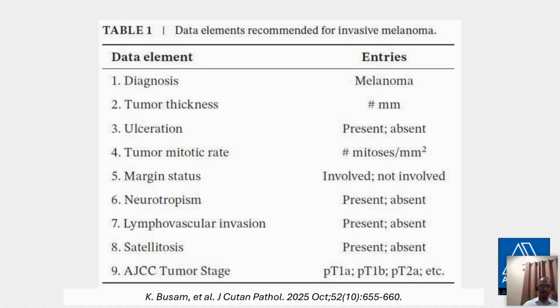The diagnosis, and that diagnosis should be put clearly that it's invasive melanoma. Things like tumor thickness, ulceration, tumor mitotic activity per square millimeter, neurotropism, lymphovascular invasion, cytolysis, and staging. These are the core of what a melanoma report should have at a minimum. So if the report doesn't have all 9 of these, that's a substandard report.